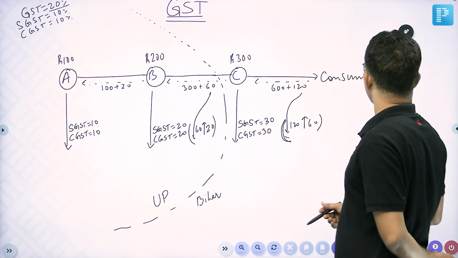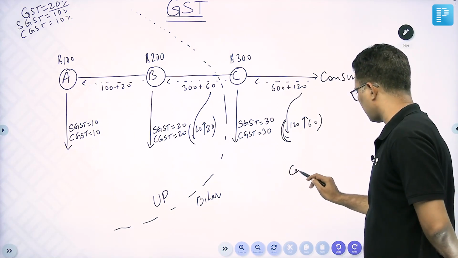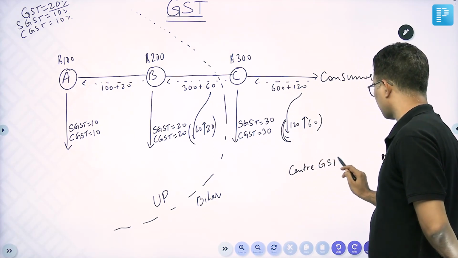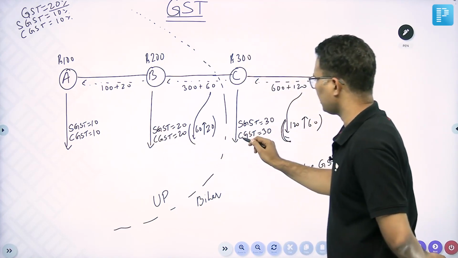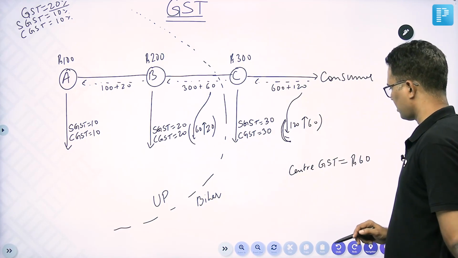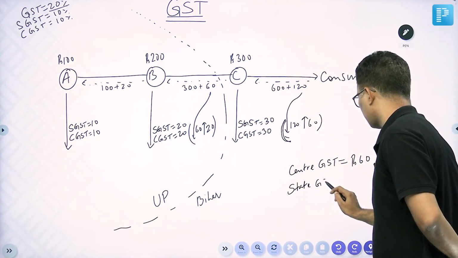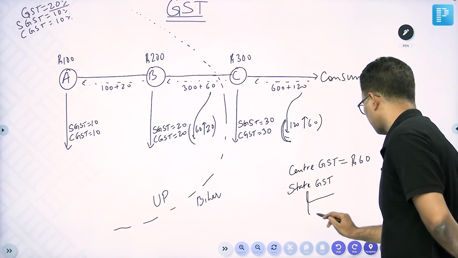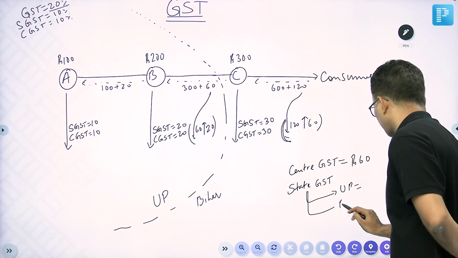From here you very well know that the center will get the same 30 plus 20 plus 10. So here center will get 60. State GST: how much will UP get and how much will Bihar get?